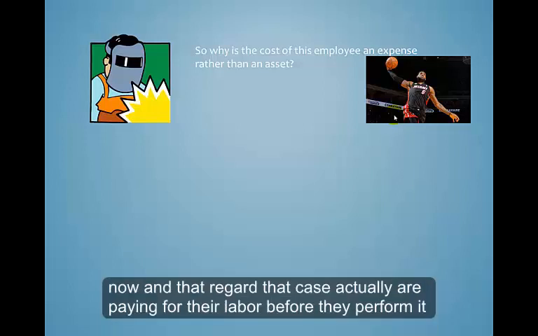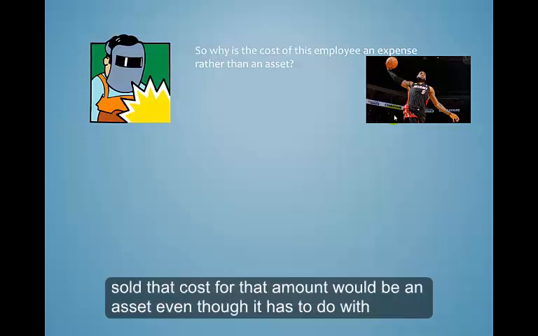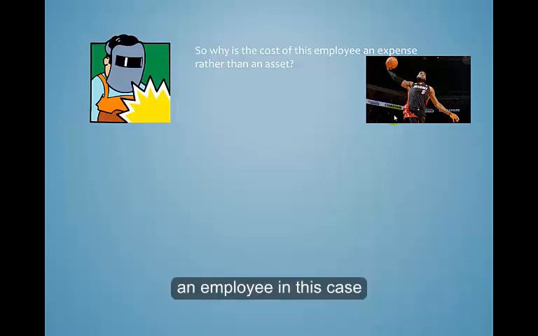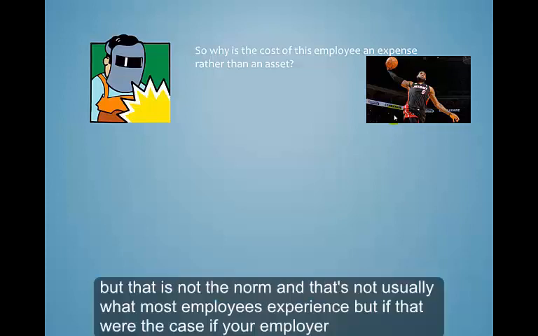Now, in that case, you're paying for their labor before they perform it. So that cost, or that amount, would be an asset, even though it has to do with an employee in this case. But that's not the norm. That's not usually what most employees experience.